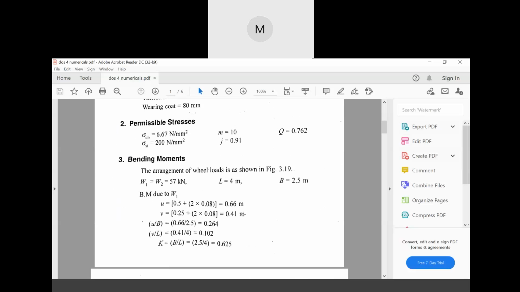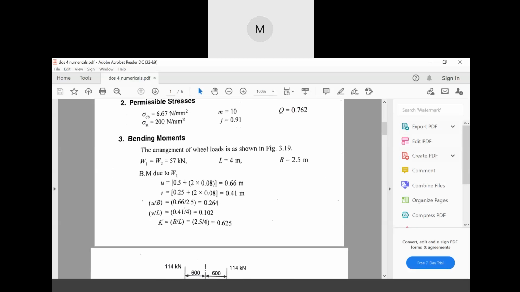First of all, you have to find out the bending moments due to W1. So for W1, for finding out the bending moment, you have to look at the Pigeaud's curve, U equal to and V equal to.